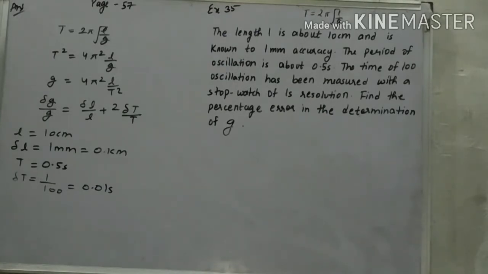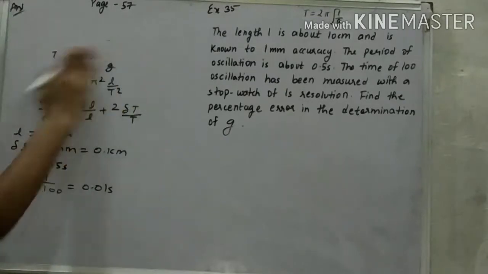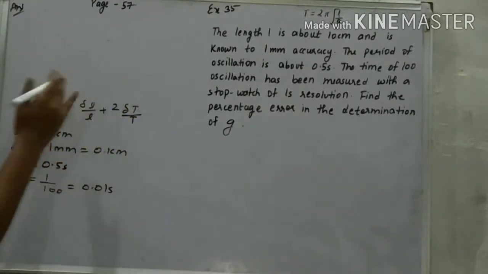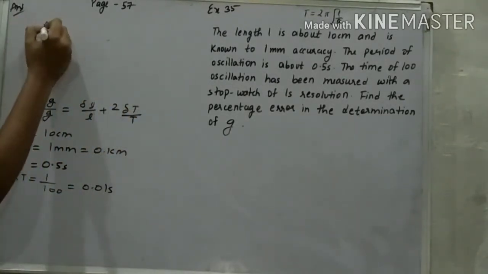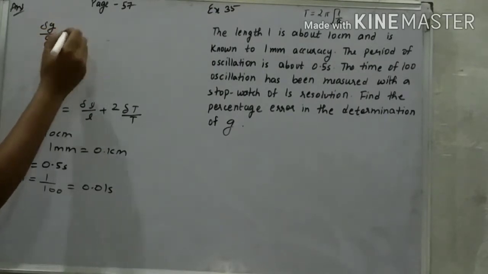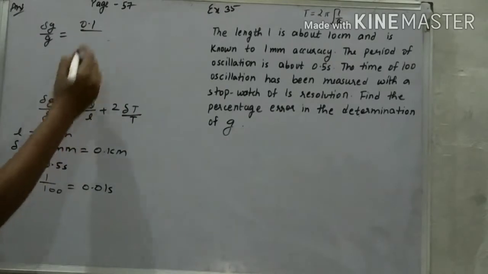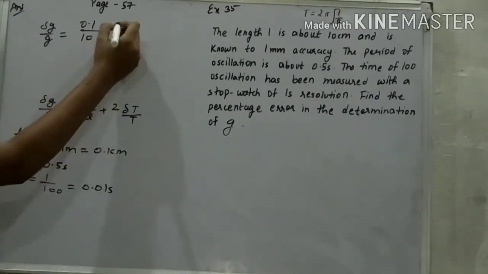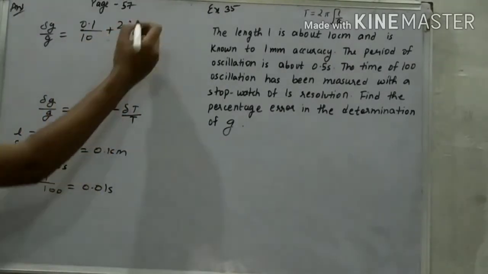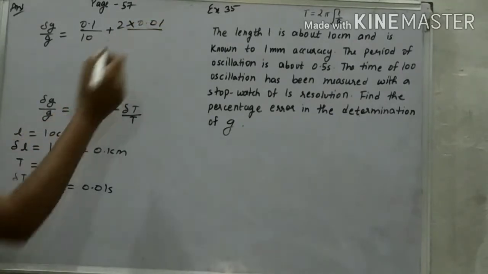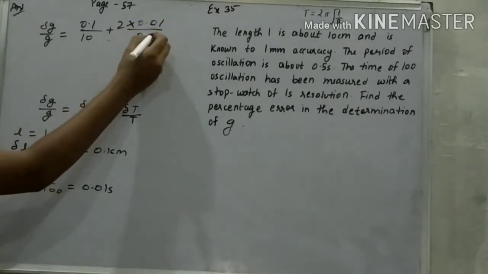Now just placing the values in this equation, you will get the answer. See, del G we need to calculate. G will remain as it is. Del L 0.1, L 10, plus 2 multiplied by del T 0.01 and T 0.5.